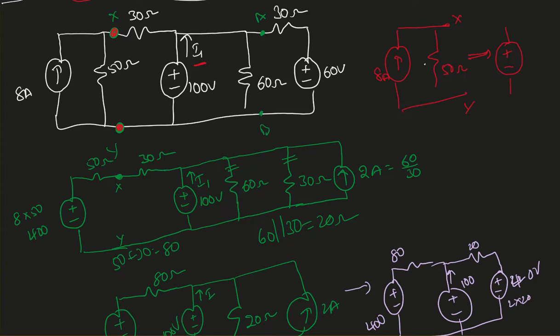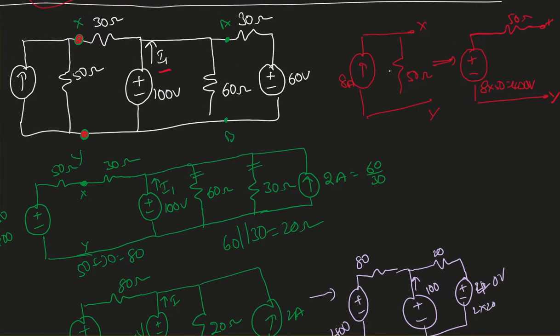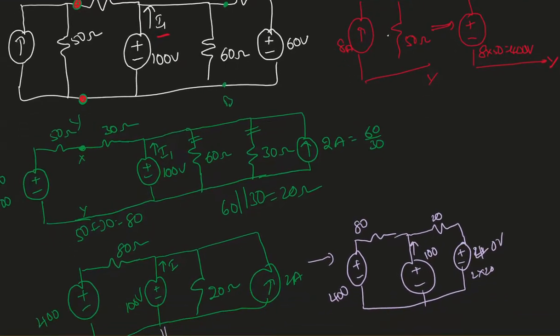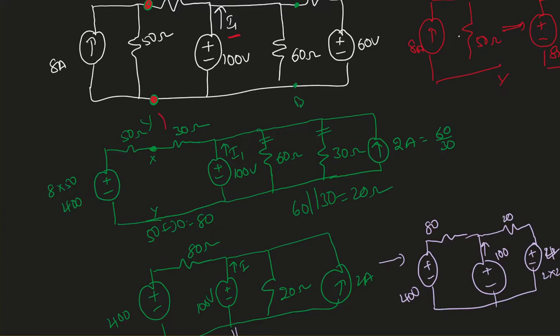The voltage here is 8 times 50, which is 400 volt. And then 50 ohms right there. This is X and that's Y. So it's going to be 400 volt, 50 ohm, and make sure you connect it back at the same point. That's what I did right here.